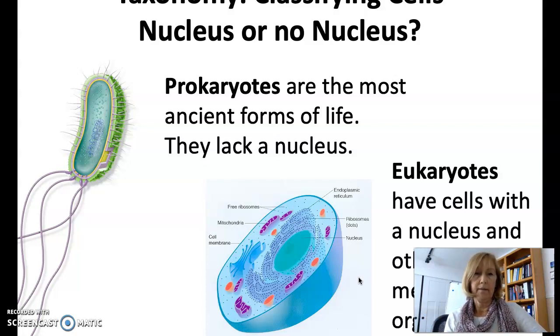Or is it a eukaryote, which does have a nucleus? No nucleus, yes nucleus. Okay? It also has all these other organelles. Okay, so first major division of cells. Prokaryote, no nucleus, ancient form of life, or eukaryotic, which are the cells that you have in your body.